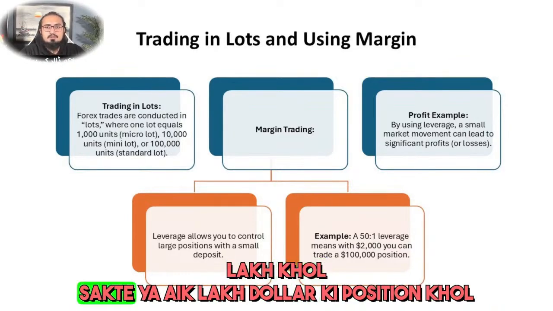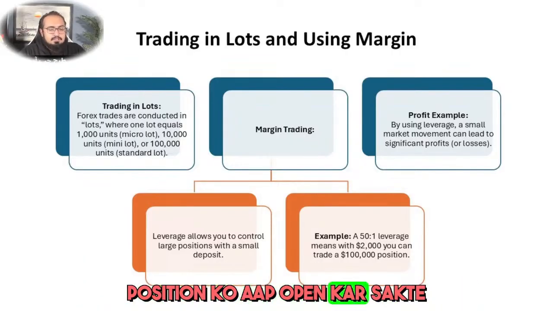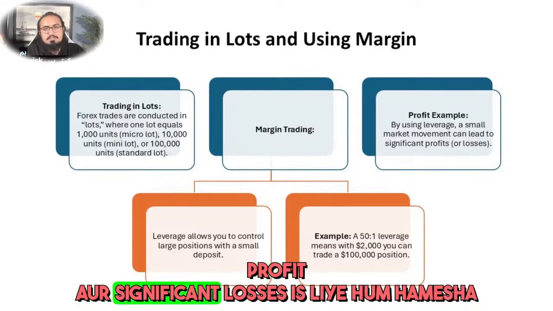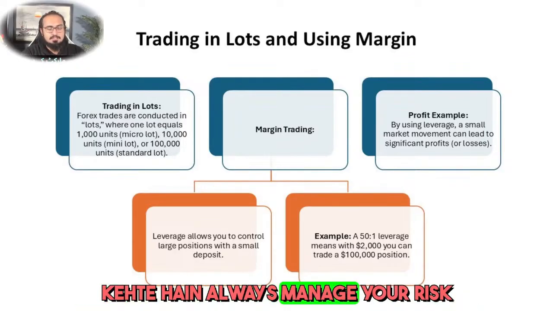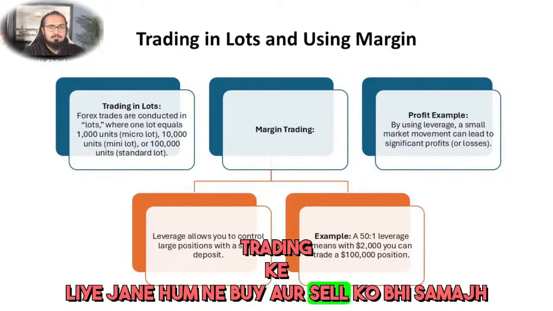Now, as we discussed earlier, what is leverage? Like we discussed, it plays a big role whether it's 1,000 units or 100,000 units. You cannot access it if you don't have that much money in your account, so the broker comes in between. The broker gives you the leverage. If you are given a leverage of 50, meaning you can open a position of $100,000 on a $2,000 account.